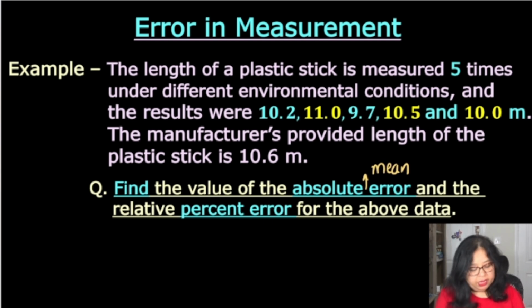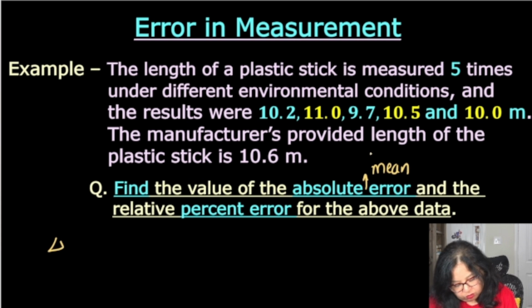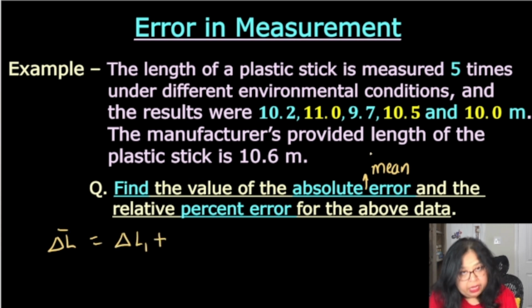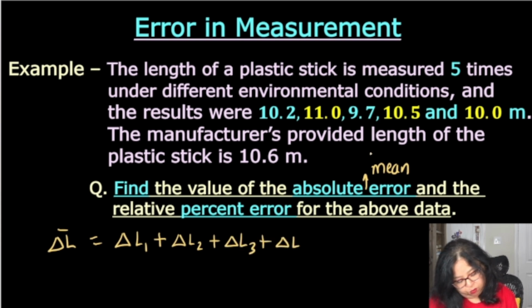Okay, to find the absolute mean error, let's call it delta L bar. You need to figure out delta L1, that is the absolute error in the first measured length, plus delta L2, plus delta L3, plus delta L4, plus delta L5, and divided by 5.